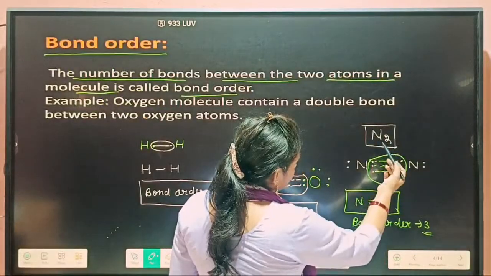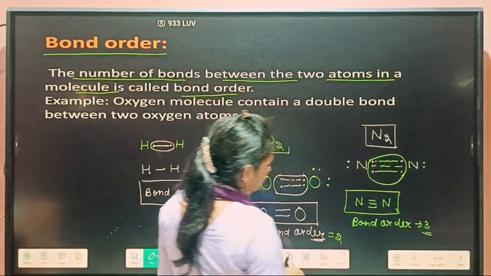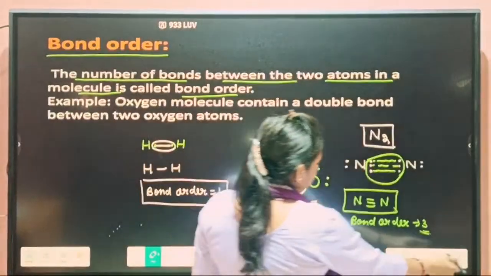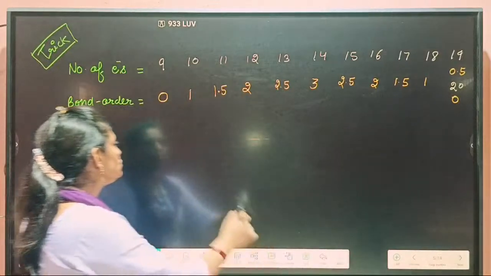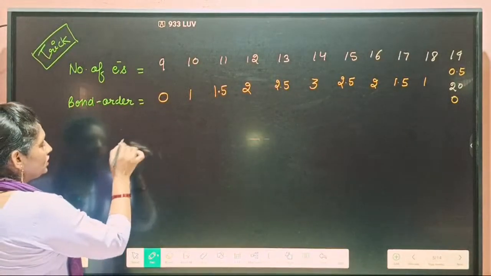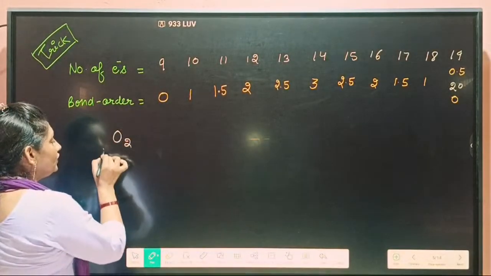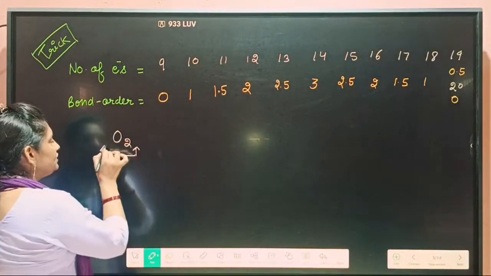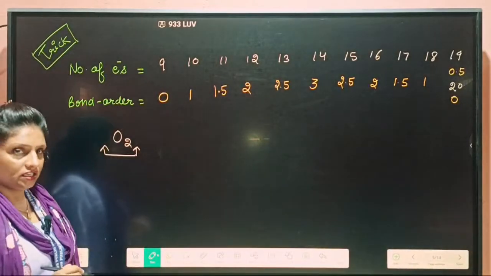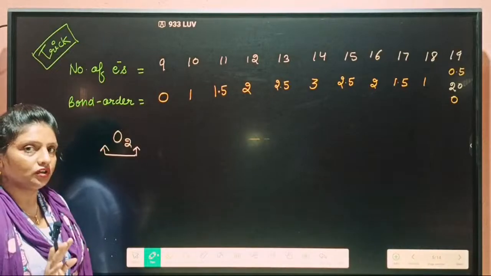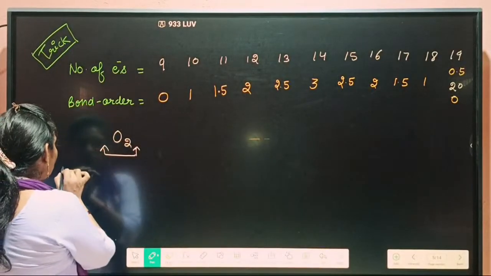I told you that in N2 there are 3 bonds, in O2 there are 2 and in hydrogen there is 1. Then students, you can see this by using this trick only. If I talk about O2, you know very well, one oxygen has atomic number 8. So here the number of electrons is also 8.